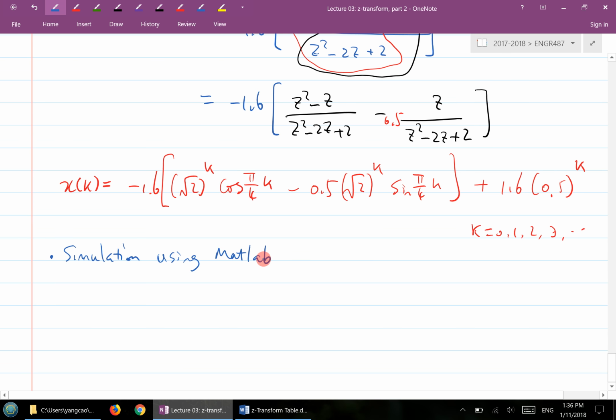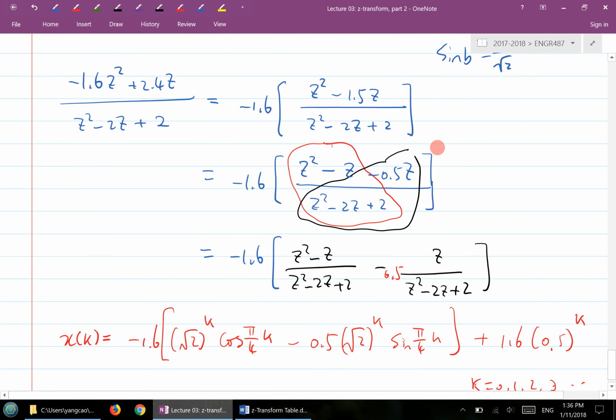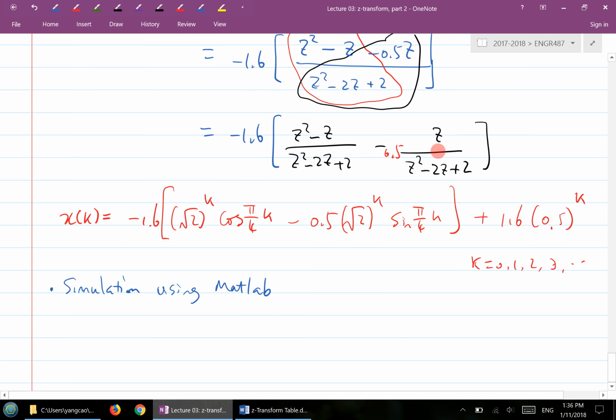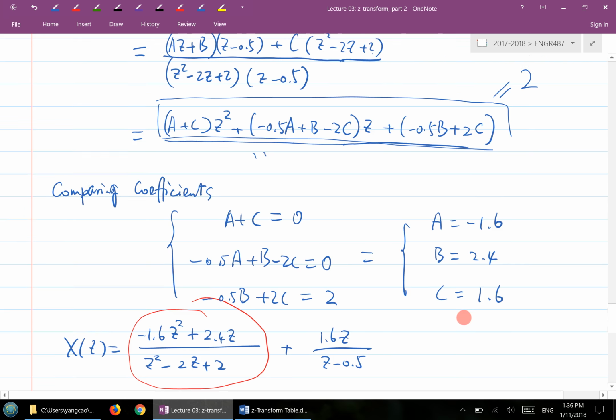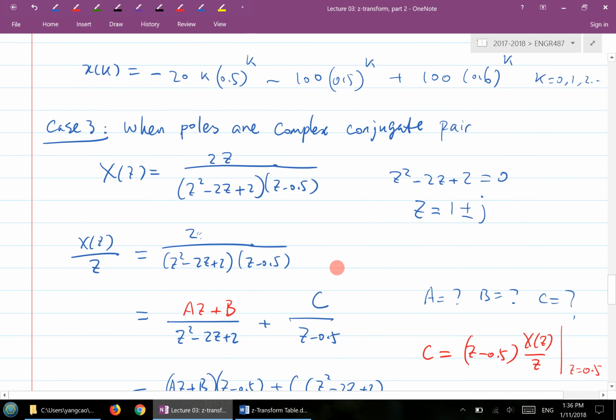Now, remember last lecture I mentioned a command called iztrans. You can always use this command to find the inverse Z transform, especially like this one.